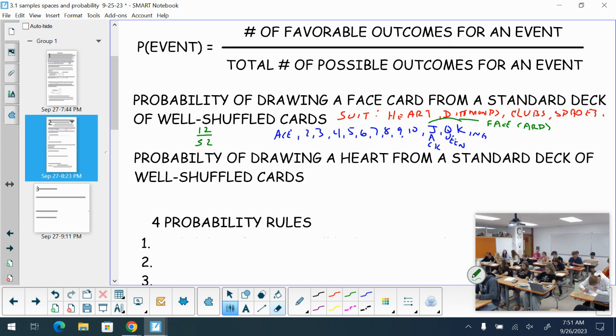Now we look to reduce that down. We want to be able to reduce fractions. You can leave an answer as a fraction, it just needs to be reduced, or as a decimal or percent. The easiest way to reduce a fraction, because you've been doing that since 6th grade, is to type into your calculator 12 divided by 52.